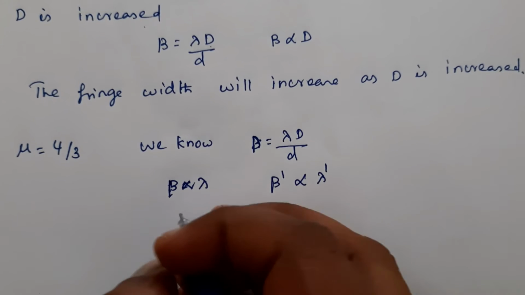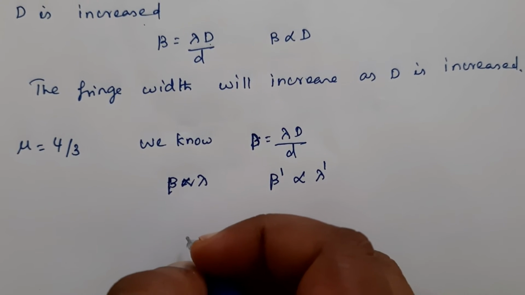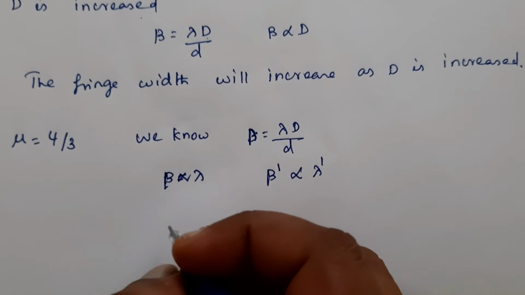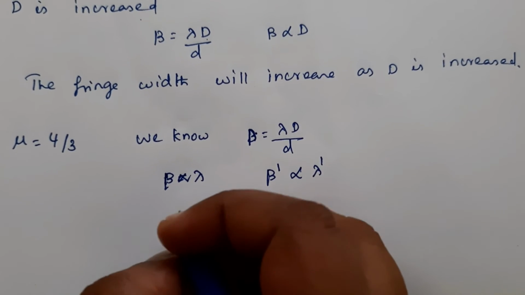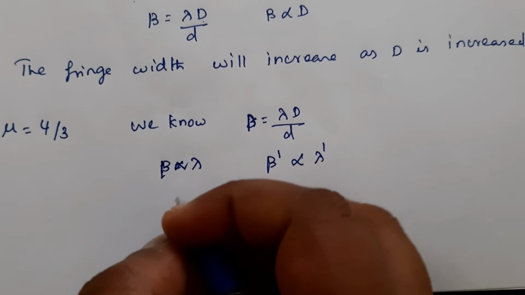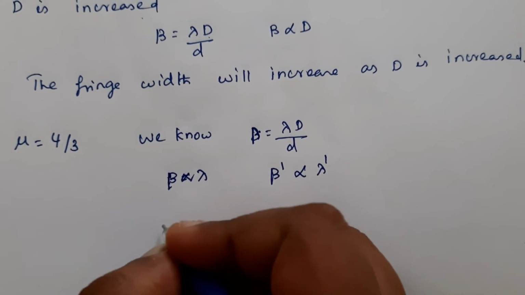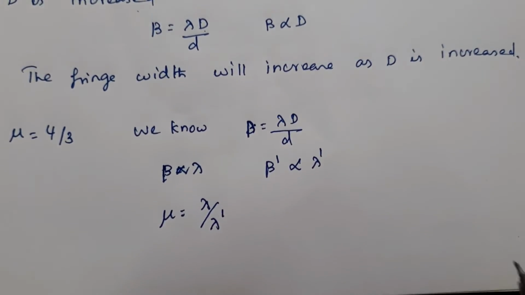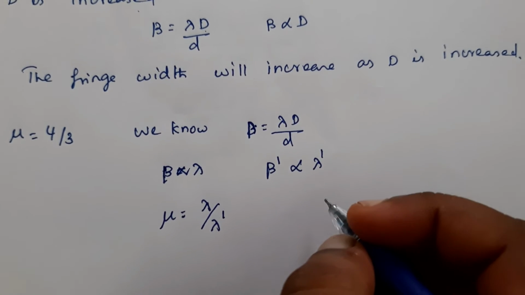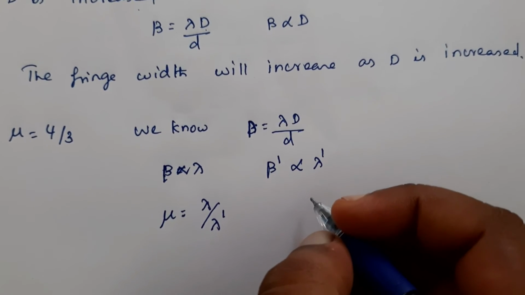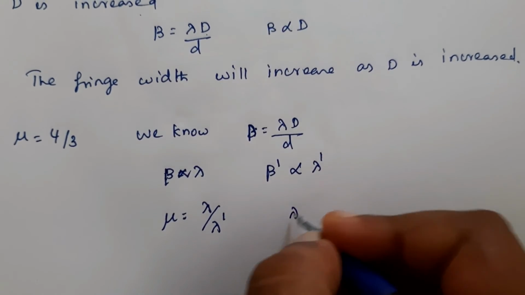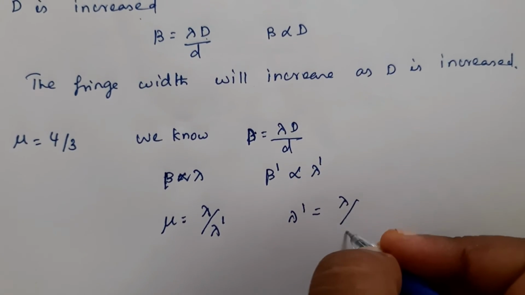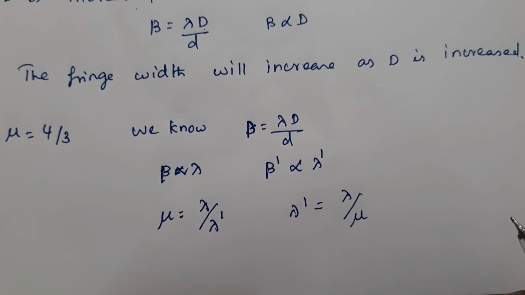Now we know the relationship between the wavelength and the refractive index. So what is the relationship between wavelength and refractive index? Mu is equal to lambda by lambda dash. So what is lambda dash? Lambda dash is equal to lambda by mu.